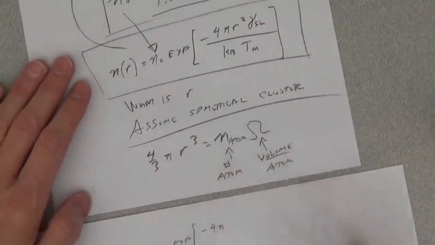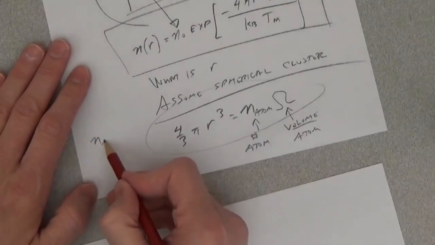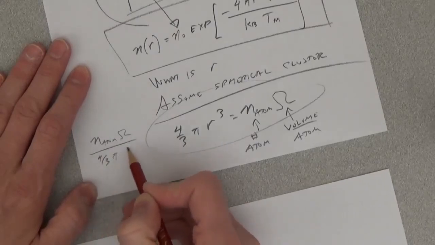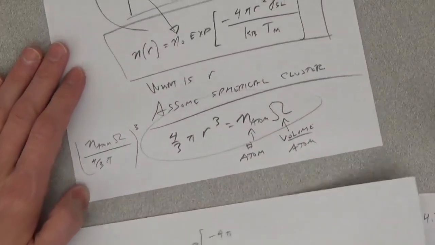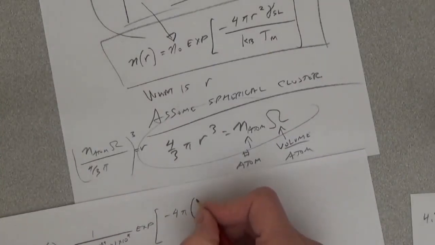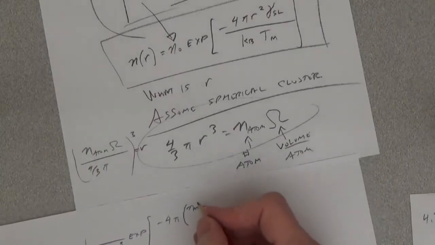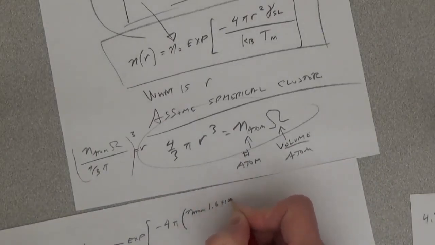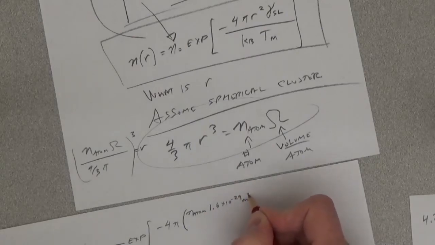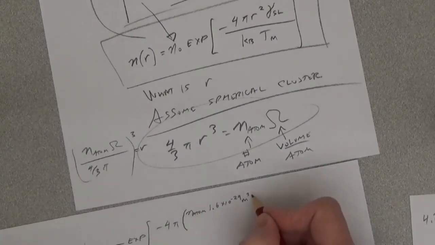Here, r is going to be n atom omega over 4/3 pi, to the one third. The volume per atom is 1.6 times 10 to the minus 29 meters cubed.